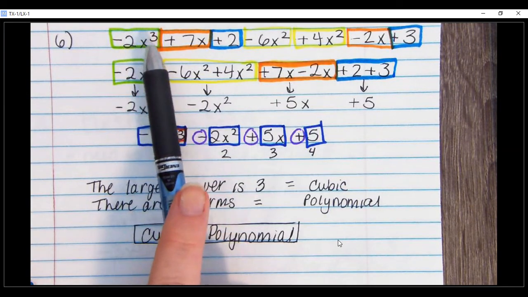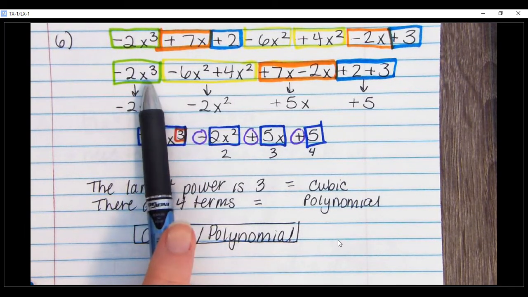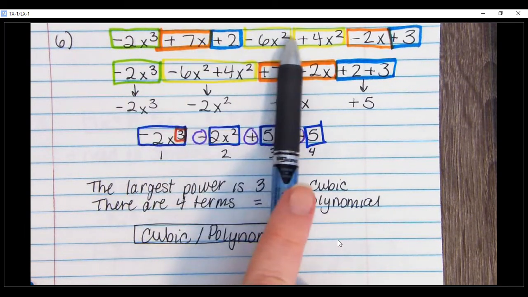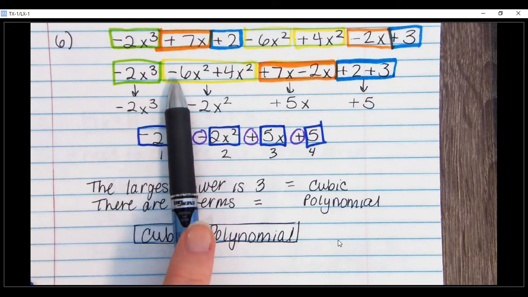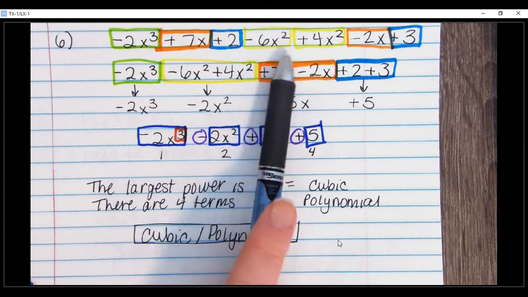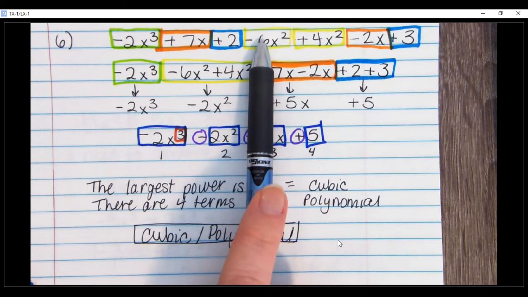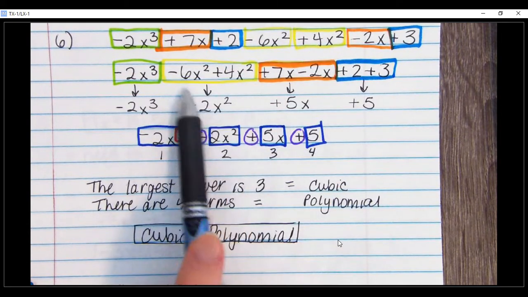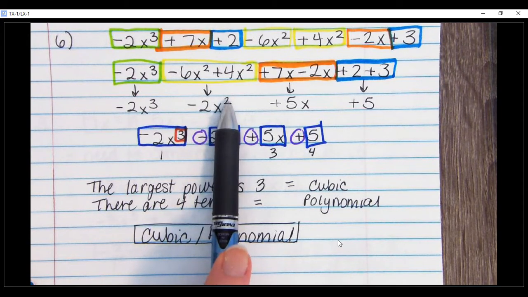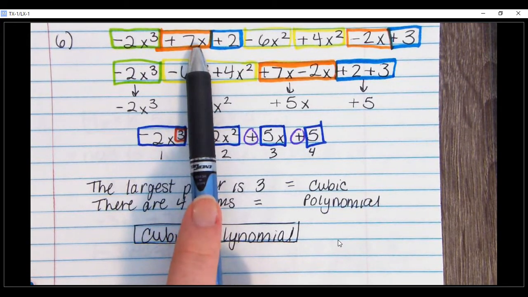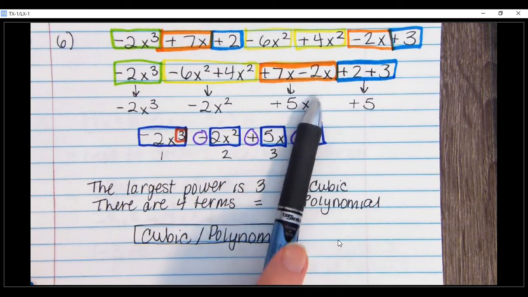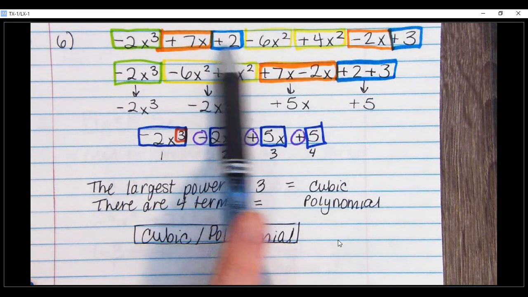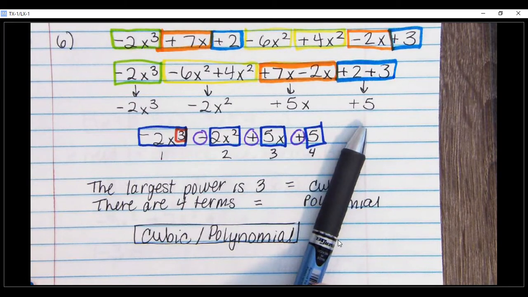So what you need to do is combine like terms. This negative 2x to the third power is in green. There's nothing else I can combine with it, so I just continued with it down. On this x squared, I have two x squareds. I have negative 6 and 4, combining those together to get negative 2x squared. And then I have 7x and negative 2x. Both of those have x's, so I'm going to combine those to get 5x. And then 2 and 3 combine to get 5.